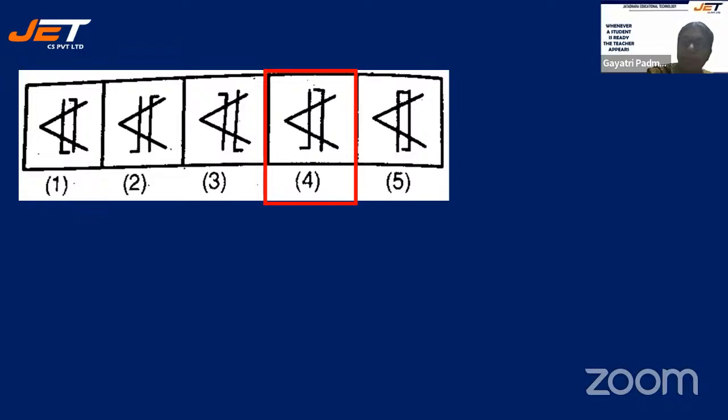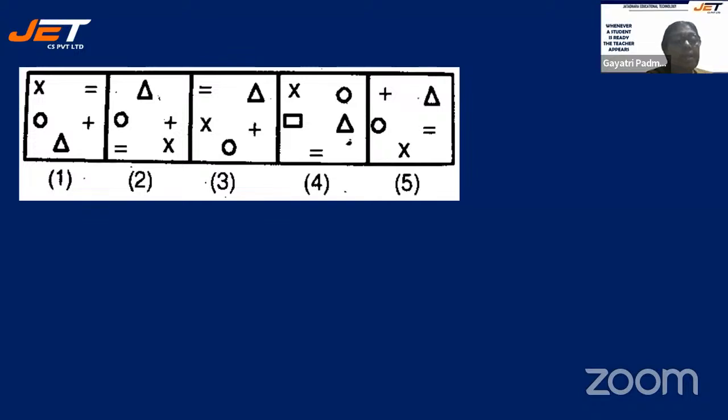The fifth one, you will get a little confused because it is like this and this, right? One is facing downward, the other one is facing upward. So here you should not get confused. But this alone, both are facing in the same direction. All right. Yes. So if you would have opted for option 4, then your answer is right. See the next question.